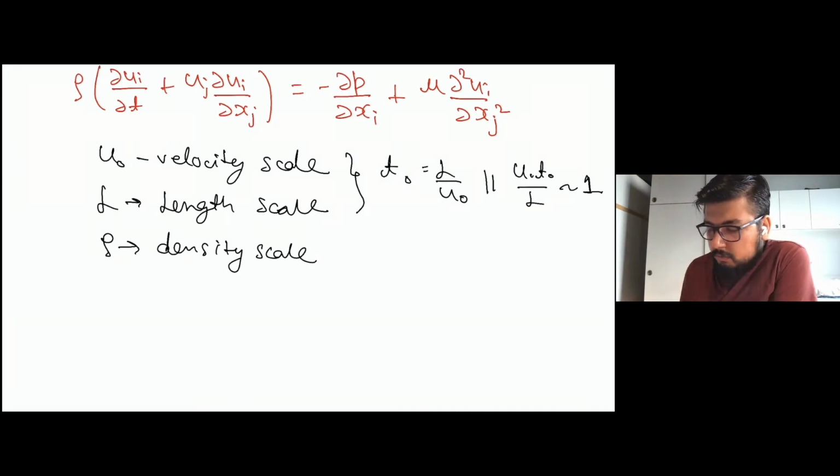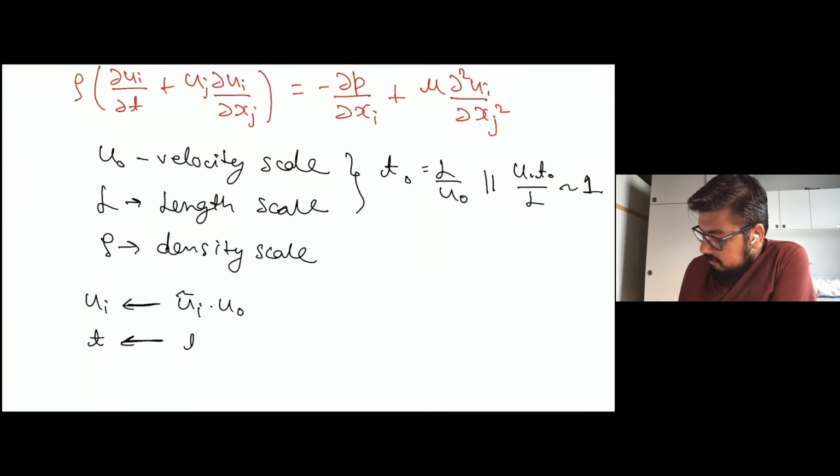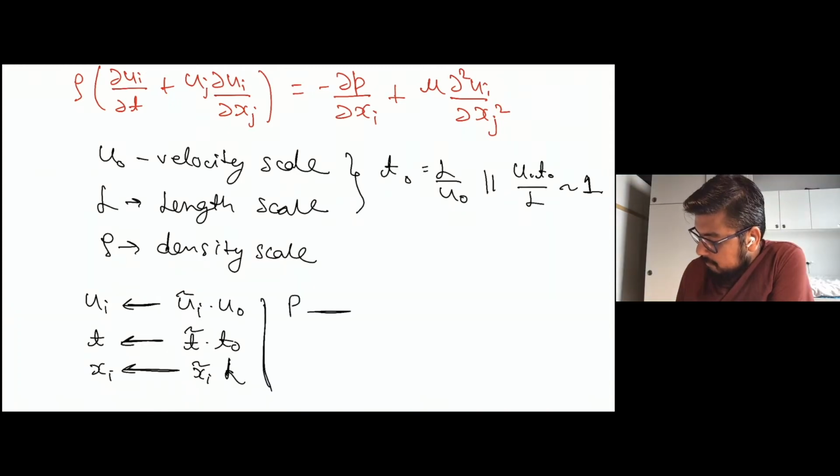So what we are going to do is we will replace Ui by Ui tilde times U naught. We will replace T by T tilde times T naught, and we will replace the coordinate xi by xi tilde times L. Furthermore, we will replace P by P tilde times P naught.